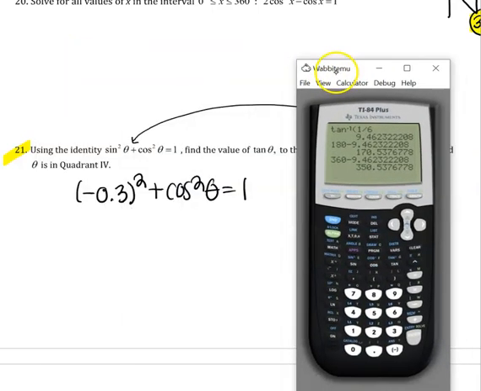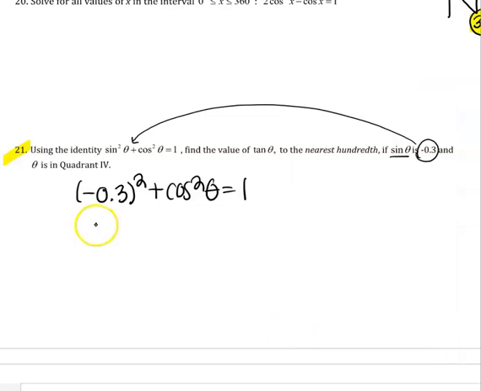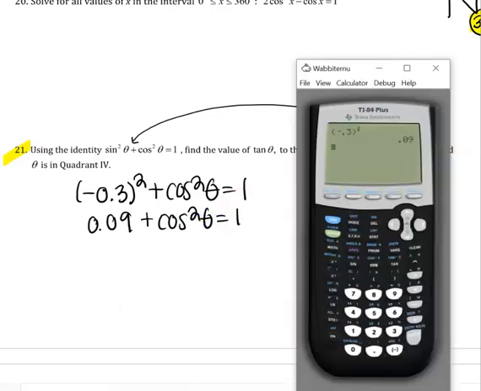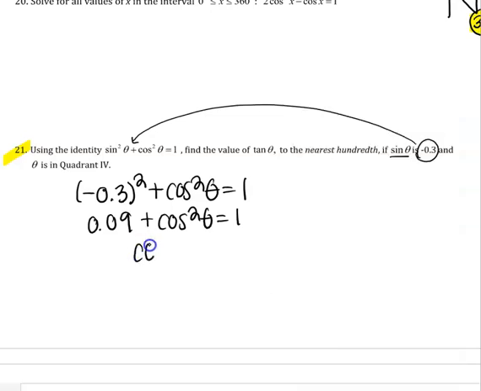Now I know how a lot of you guys operate. Let's just plug it in our calculator. Negative 0.3 squared, make sure you're using parentheses, because that's a positive answer, 0.09. So if we do 1 minus 0.09, we're getting 0.91.